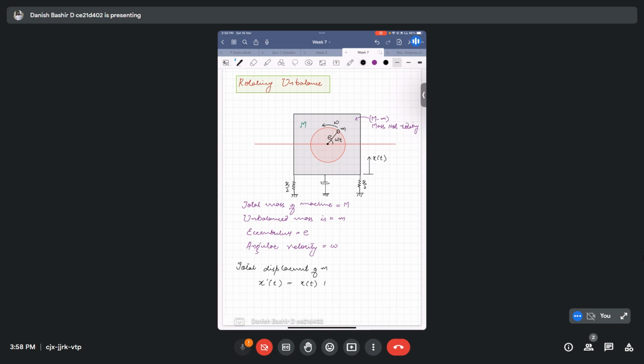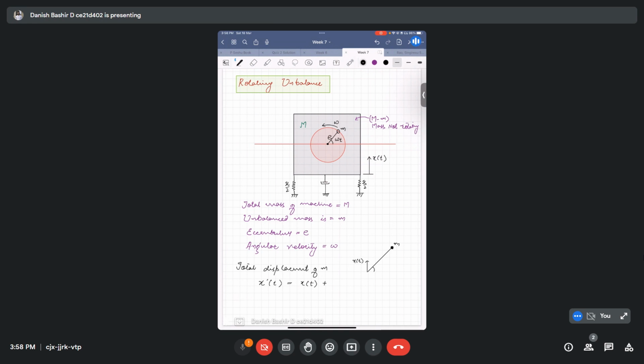At any instant, this mass m is at angle omega t, at eccentricity e, from the center of gravity.